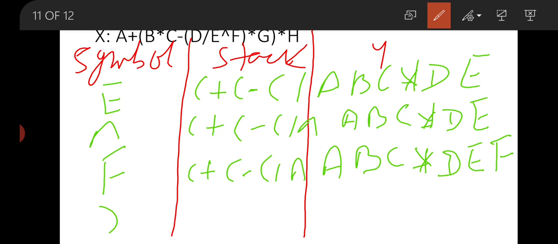When we get a right parenthesis, we have to follow step 6B of the algorithm.